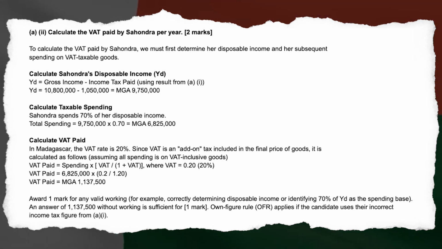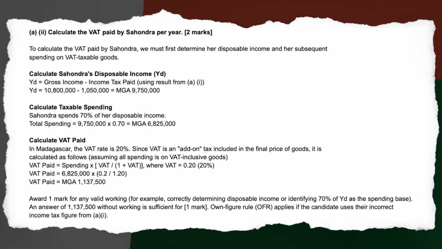VAT paid equals spending times VAT divided by 1 plus VAT, where VAT equals 0.20, 20%. VAT paid equals 6,825,000 times 0.2 divided by 1.20. VAT paid equals MGA 1,137,500.